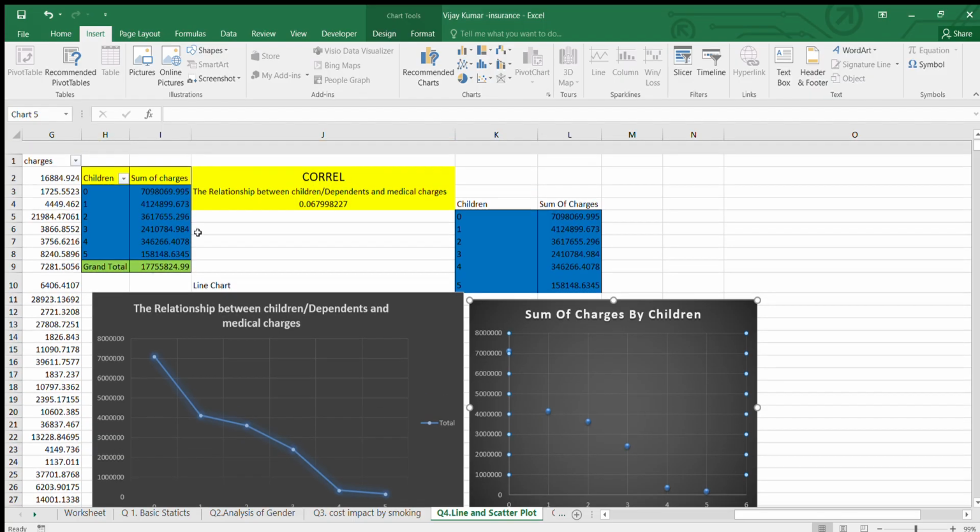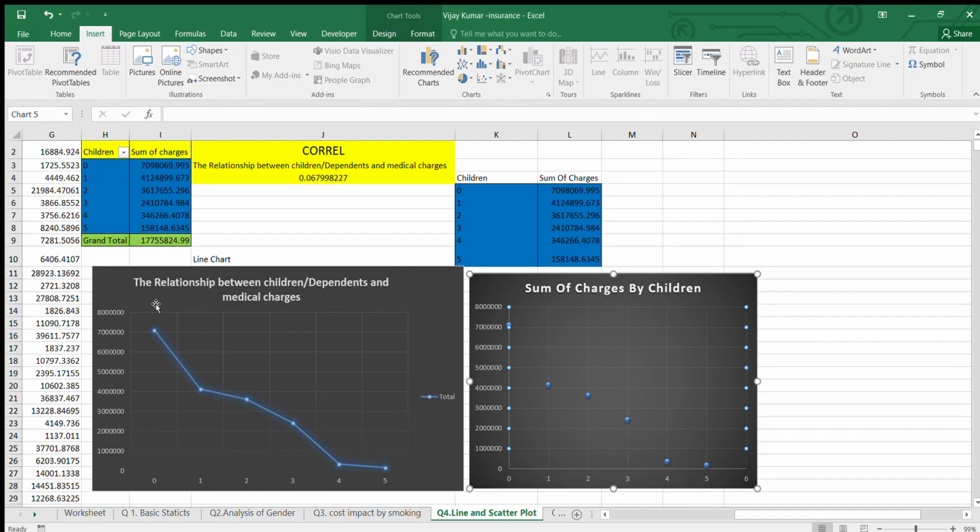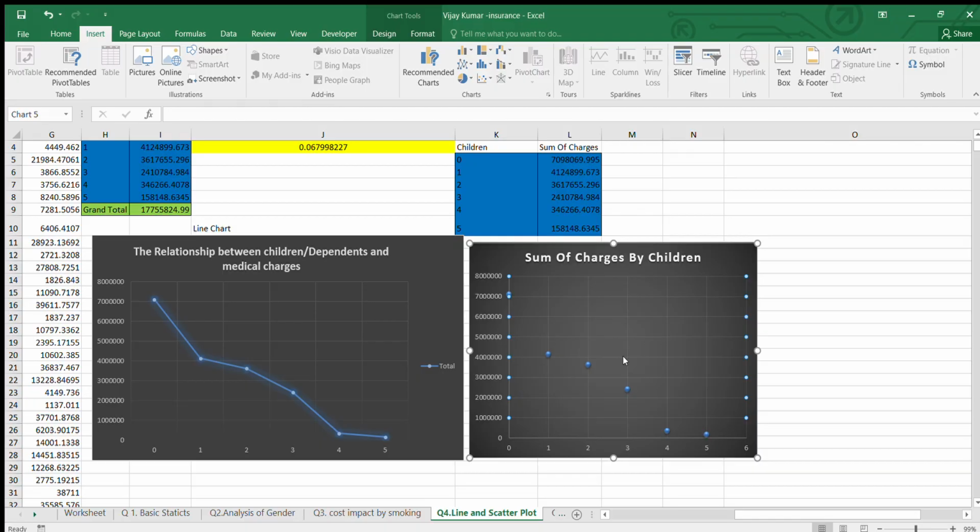So when we increase the number of children, the sum of charges decreases. This is the relationship between children and dependents and medical charges. This is the scatter plot, the same here, and when we increase the number of children on the x-axis, the sum of charges decreases.